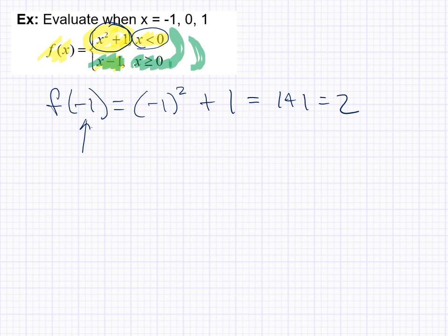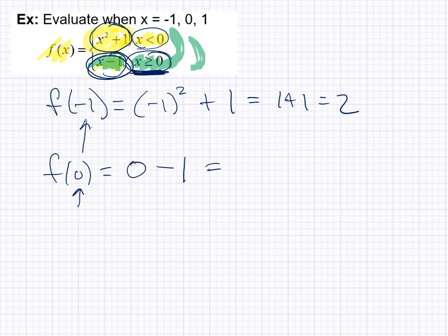What if I want to find f of 0? Well, f of 0 would use this piece, because this piece says when x is greater than or equal to 0, and we certainly are equal to 0, we should define it by using that piece. So we have to take x and subtract 1, so 0 minus 1 is negative 1.